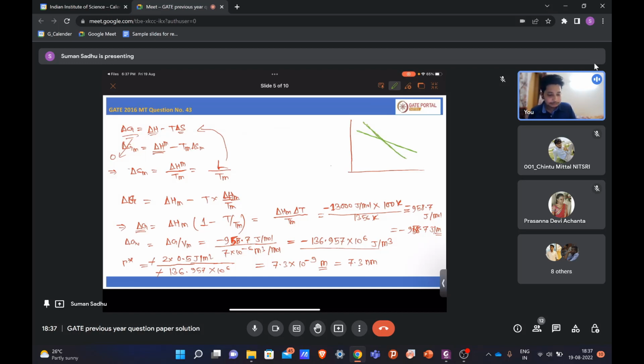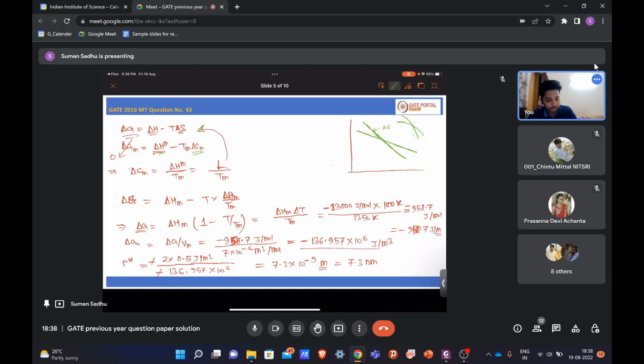In reality, it might be a curved line, it is not necessarily always a straight line, but there is an assumption that these are straight lines. Assuming these things, we can put that delta Sm here, because if there is a change in the slope, that is the delta S might change, but that change is very negligible. Delta H and delta S change sometimes becomes very negligible. That's why these lines are considered almost as straight lines.